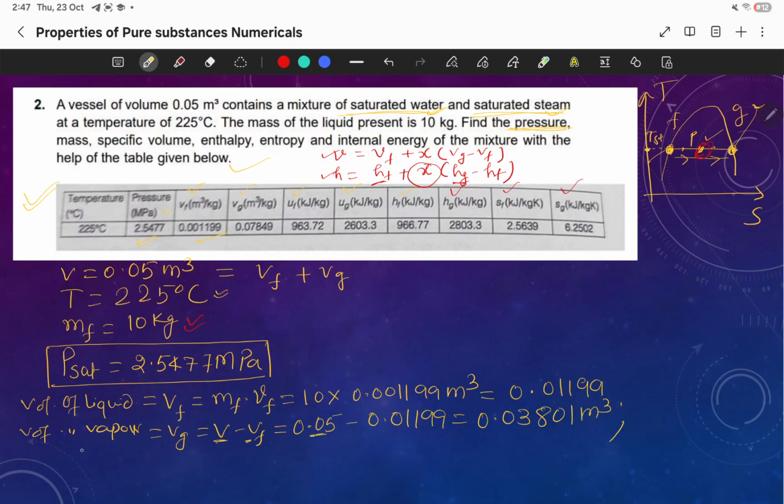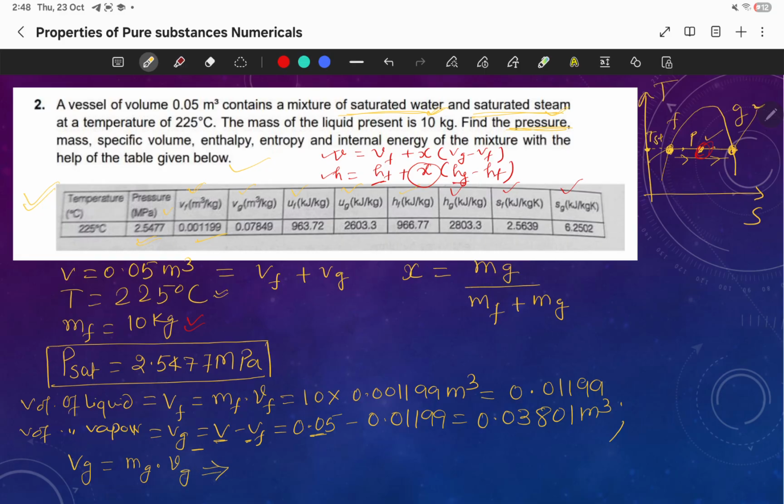Our final aim is to calculate the dryness fraction. This is defined as mass of vapor upon mass of liquid plus mass of vapor. Now, the volume of vapor is mg into Vg.